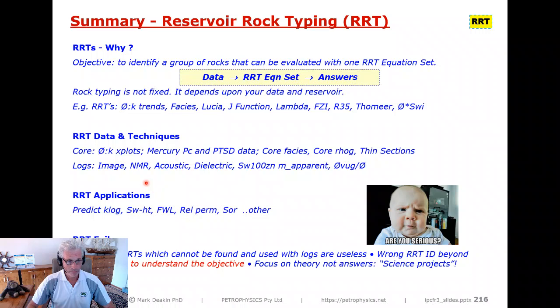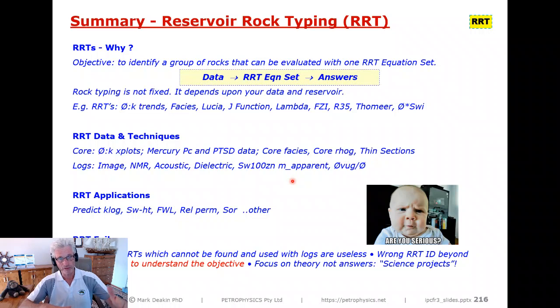Yes, the logs that we might use would be image logs, NMR, acoustic, dielectric, and of course apparent M in the water zone, because if you're using resistivity in your evaluation, M is going to be an important thing to worry about. You can't have rocks with different M values or different M trends with something else that you're looking at with the real reservoir saturation in the same rock type.